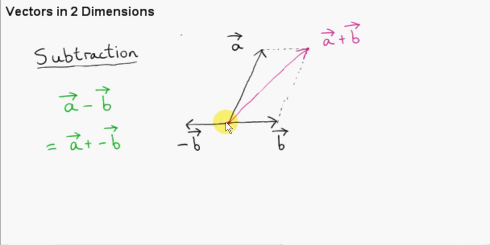So I've put the tail of vector minus B at the tail of vector B. So to get A minus B, we could add vector A onto vector minus B by constructing a parallelogram. So that's how we sum 2 vectors when the tails coincide. So this is vector A plus minus B. Well, that's just vector A minus B.